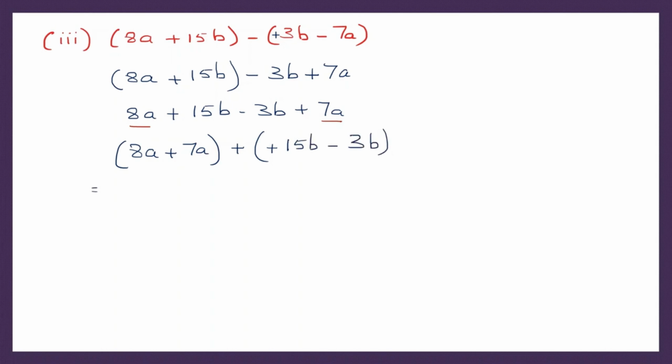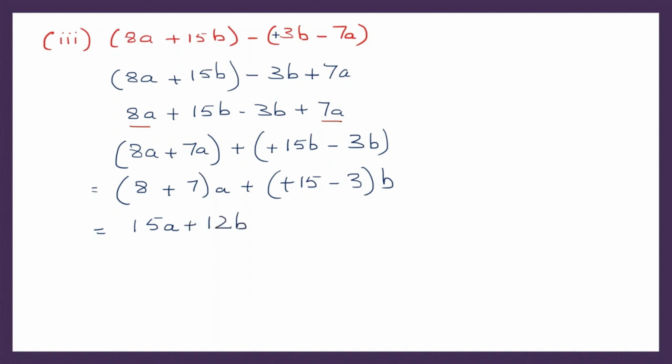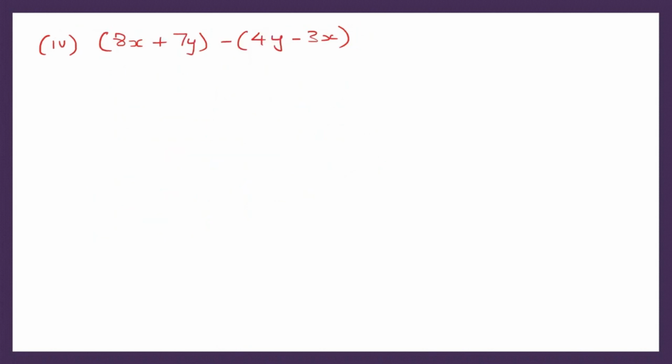Now let's solve it. 8 plus 7a plus 15 minus 3b. Now 8 plus 7 is 15a. Now the other side, plus 15 minus 3 is 12b. So our final answer is 15a plus 12b.